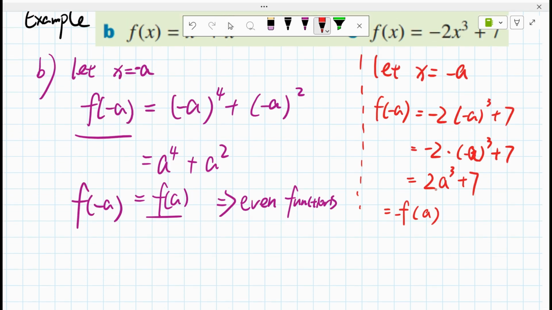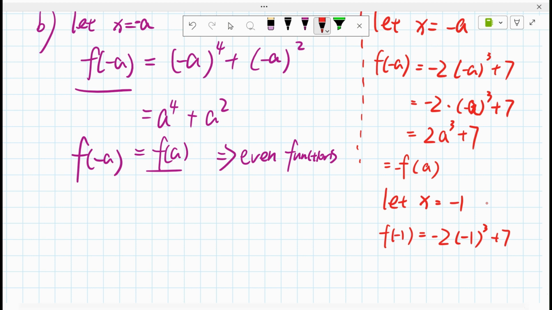All we could do is substitution. Let x equal to -1, and then f(-1) equals -2 times (-1)^3 plus 7. So that equals 2 plus 7, which equals 9.